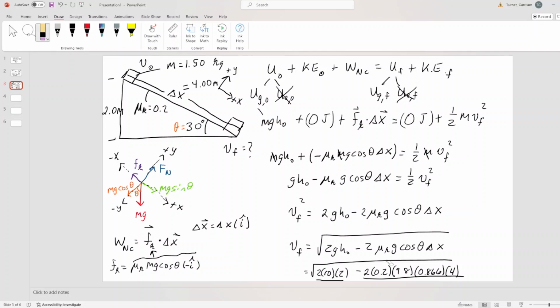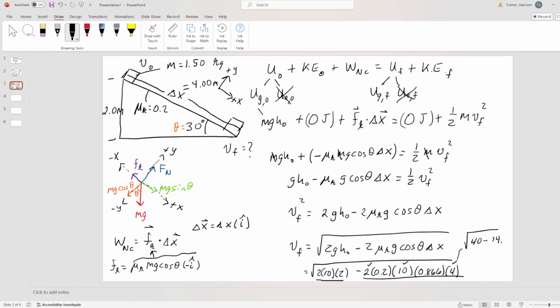Just to be consistent, since we're doing an estimate, let's make this 10. Okay? So the first number is 40, or at least approximately. Okay, so 2 times 10 is 20, times 4 is 80, but 80 times 0.2 is what? 16? 16 times 0.866. So this is going to be something around 14, maybe 13 or 14.